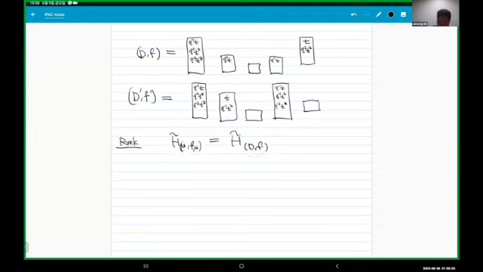This equation was obtained by Haglund, Haiman, and Loehr in their paper where they studied the non-symmetric Macdonald polynomial, and they gave a proof by certifying some defining relations, I mean, triangularity and the normalization conditions for the Macdonald polynomial. But our proof is bijective. So our proof provides a bijective proof of their result. That's the remark I wanted to mention.